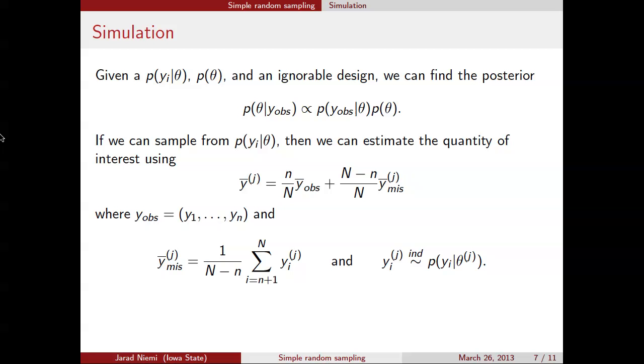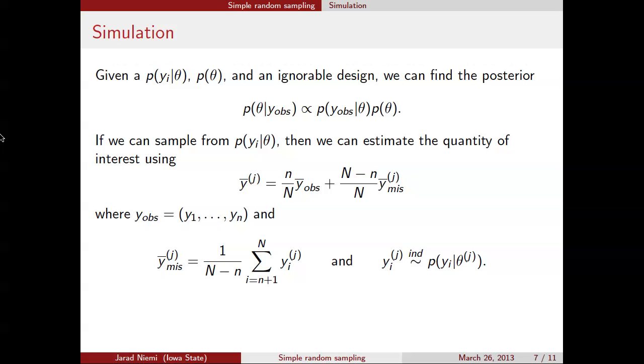And the prior on the missing data is just our model. We sample missing data, calculate the average, and do that over a whole bunch of draws from our posterior for theta. This could be independent Monte Carlo draws or MCMC draws, and it doesn't matter. Either one would work.